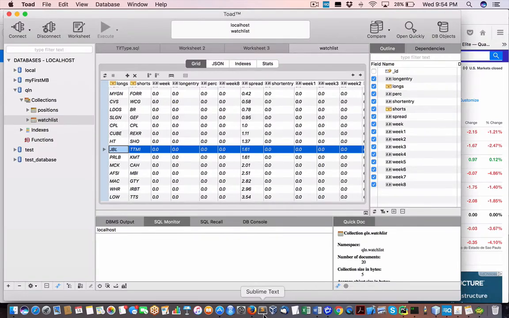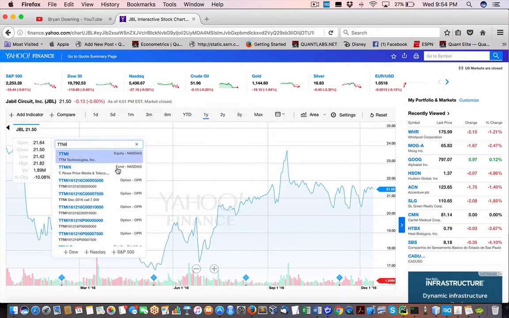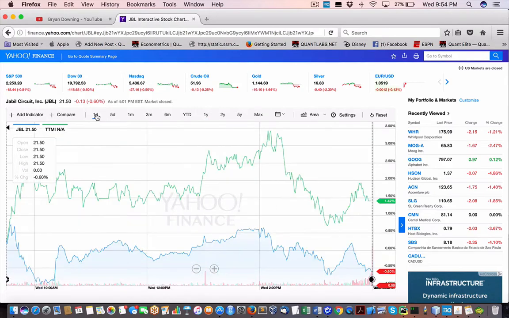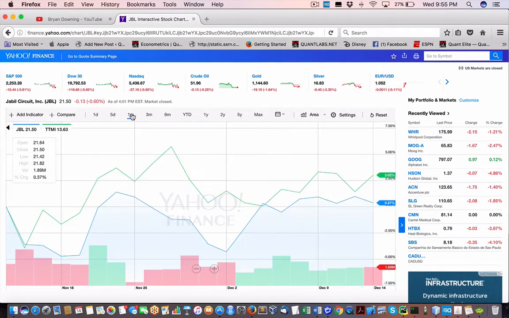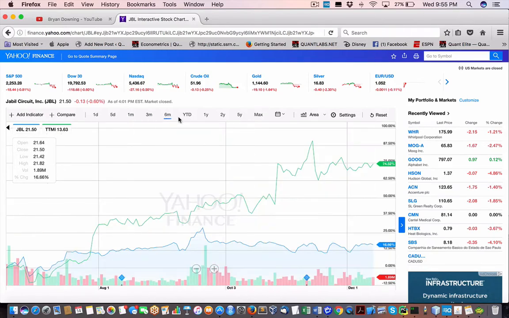JBL TTMI. That's a 1 year. See, no, it's definitely not going to work. Actually, there are little peaks of it here, December 8th. No, the short is definitely doing better than the long.